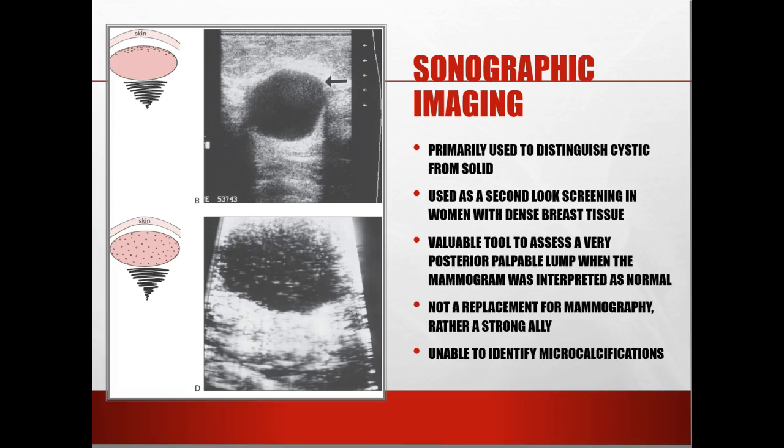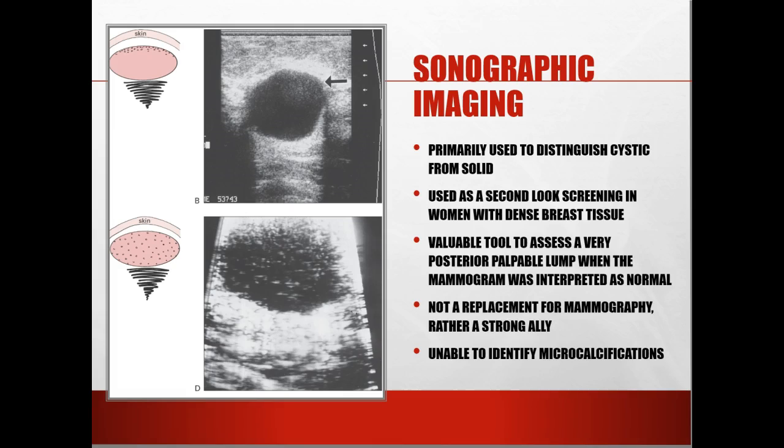So let's talk a little bit about ultrasound. It's primarily used to distinguish whether a mass is cystic versus solid. It's used as a second look at screening in women that have dense breast tissue. Most of the time, what we're most often seeing is a focused ultrasound: the radiologist sees something, and they recommend a focused ultrasound to determine if what they're looking at is cystic or solid.